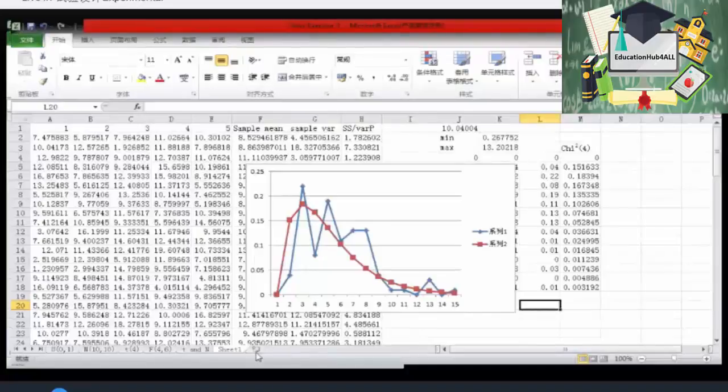Okay, so I open another sheet. Up to now we have seen binomial, normal and chi-square, but we haven't seen T and F. So I just open a new sheet and find the distribution of T and the distribution of F, so we can finish it today.